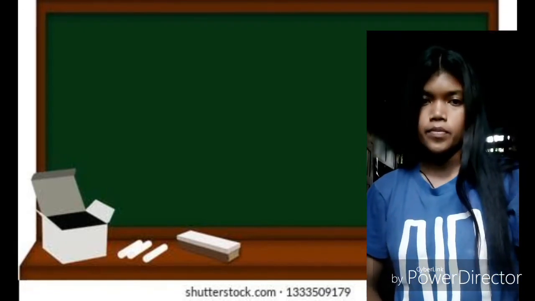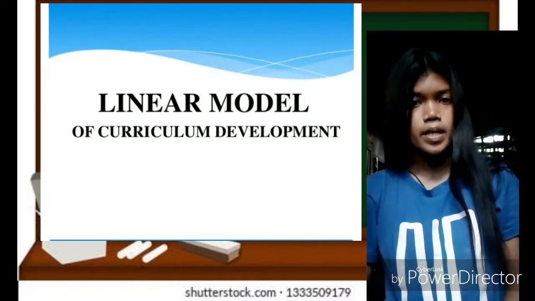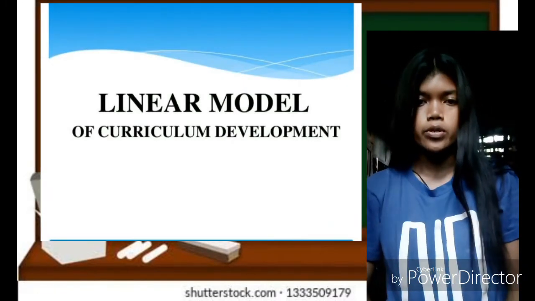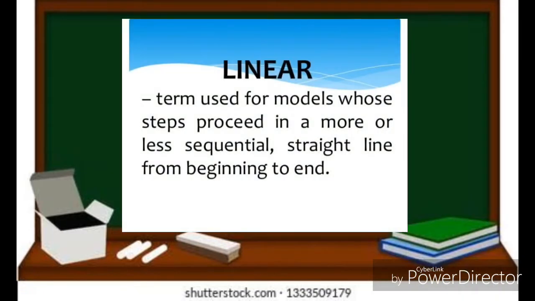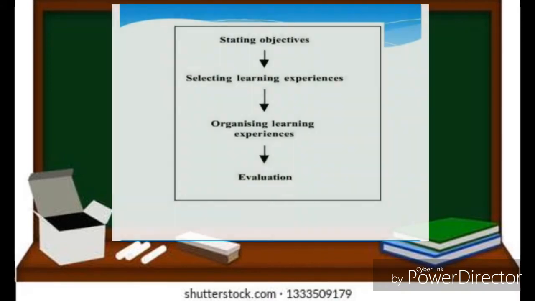Anissa Dahibasa. So today I am going to discuss the topic, the linear models of curriculum development. So what is linear? Linear is a term used for models whose steps proceed in a more or less sequential, straight line from beginning to end.